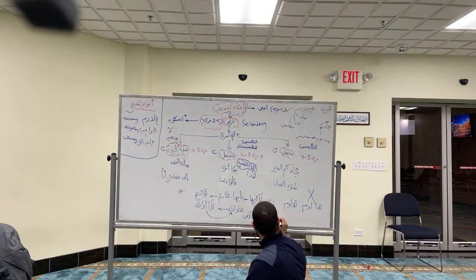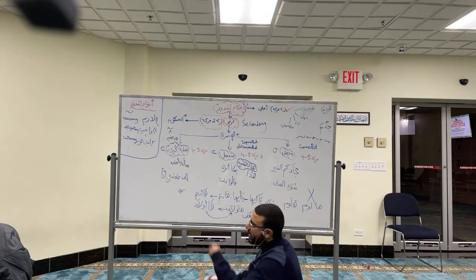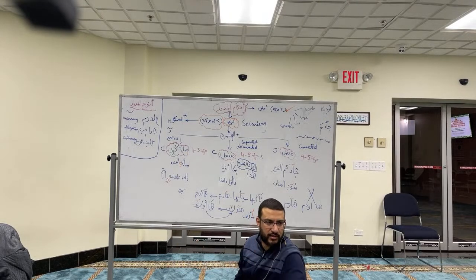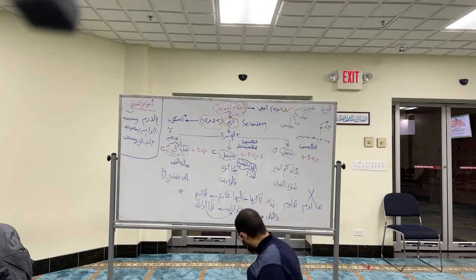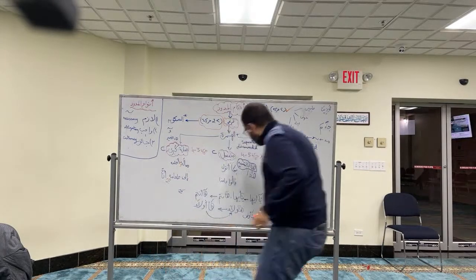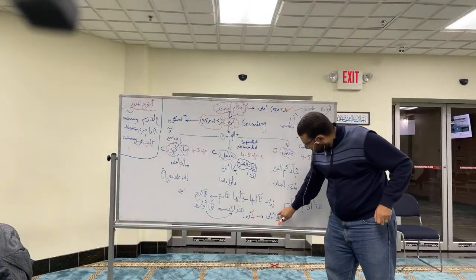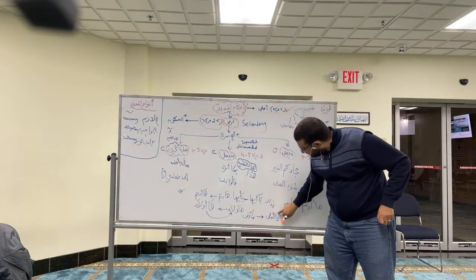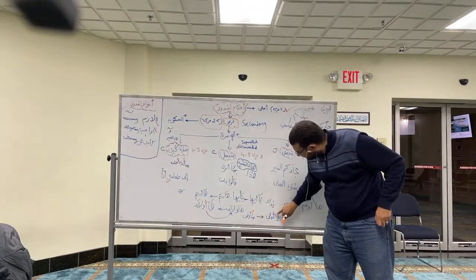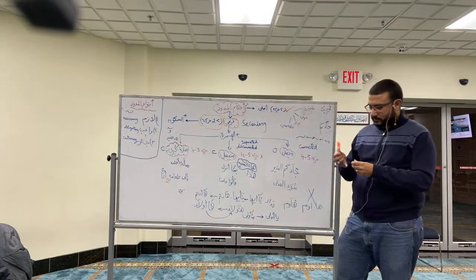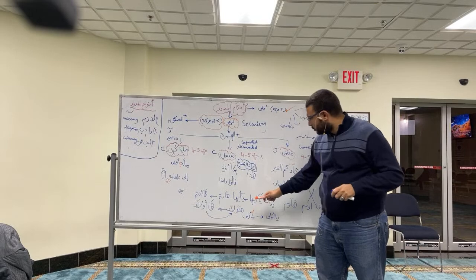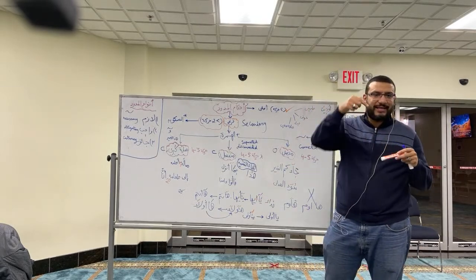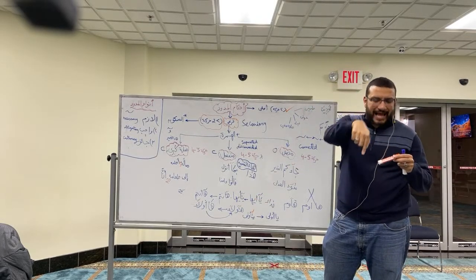It's originally ya uli. O you who have something. Uli is somebody who owns something or has something or says something. So this is technically ya uli, and then it got merged. So this is the alif that got merged, and this is the mad that happened because the mad is followed by hamza. Those are, to my knowledge, the 4 examples where the mad looks like it is in the middle of the word, but it's actually mad munfasil.